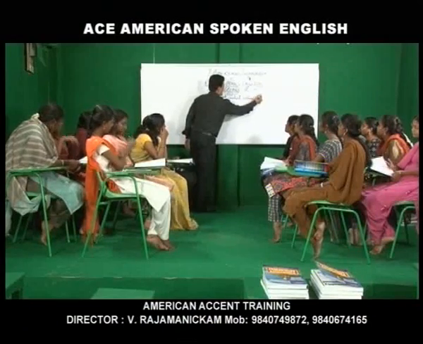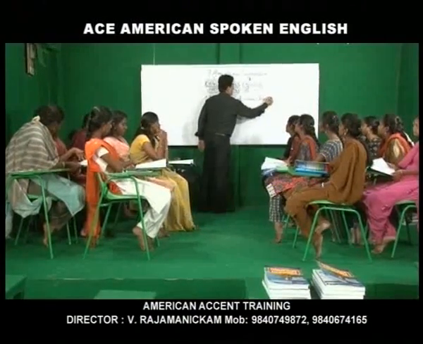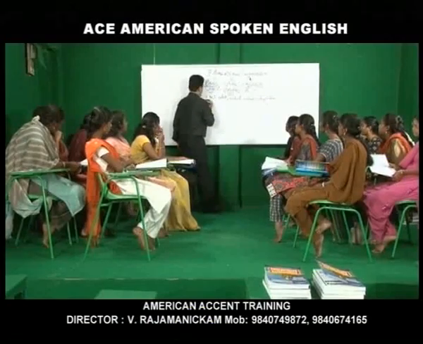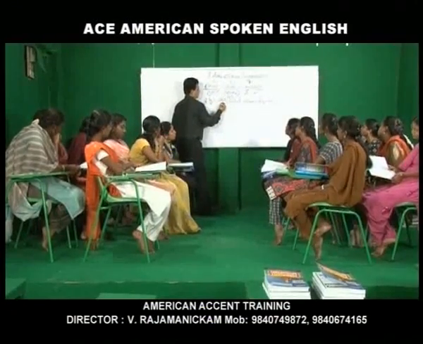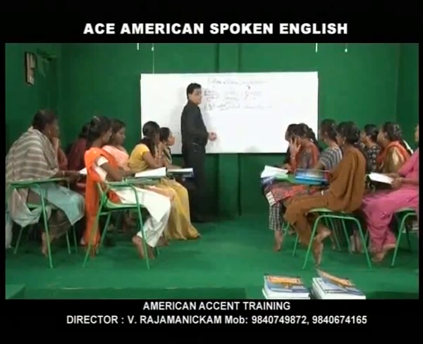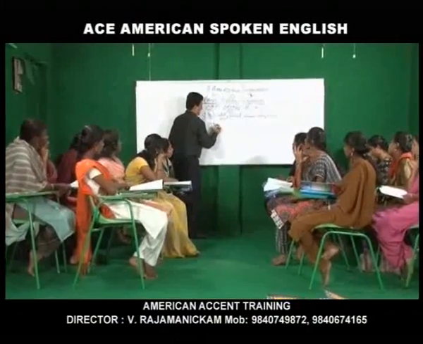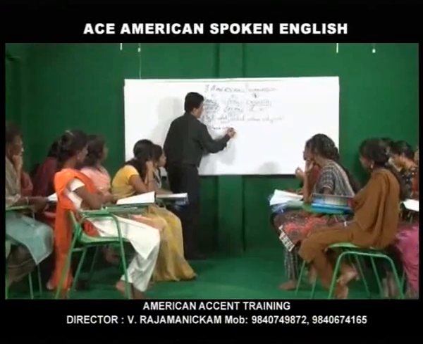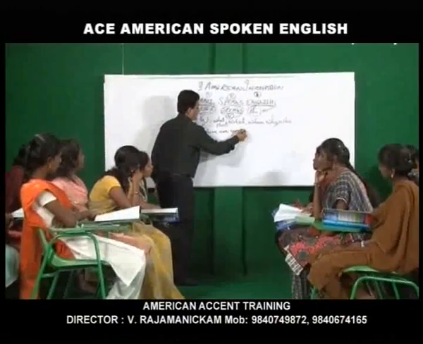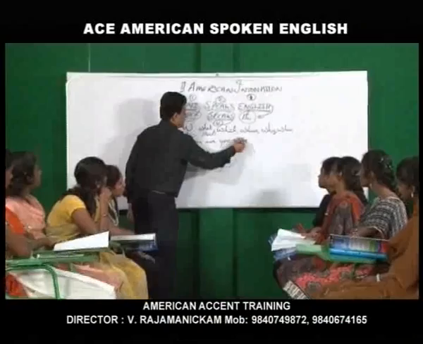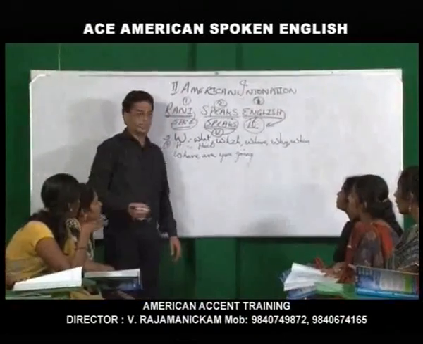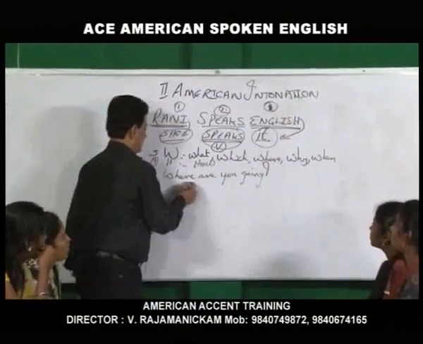Suppose you go in for 5W questions. What are the 5W words? What, which, where, why, when. And 1H. What is the 1H? How. Suppose you start a sentence with this.